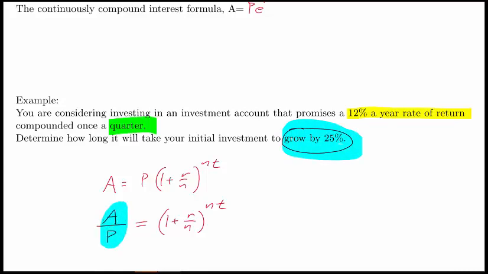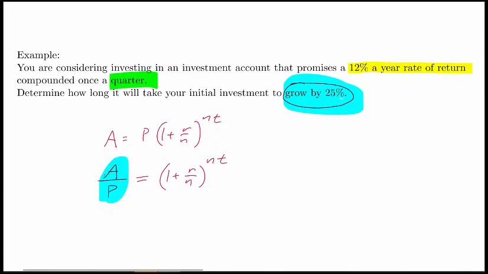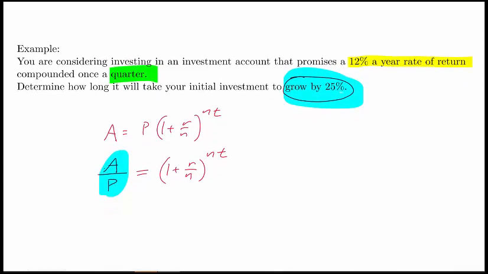So that 25% growth is going to be inputted right there. And since it's compounded once a quarter, it's going to be 4 going on there. t, of course, is the unknown, and 12% we'll take into account right there.